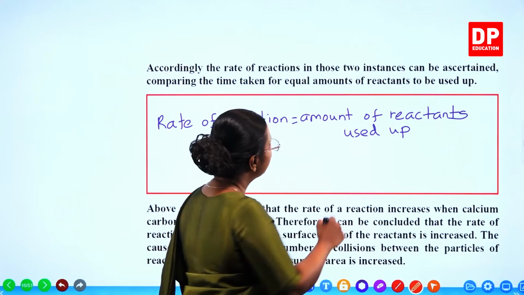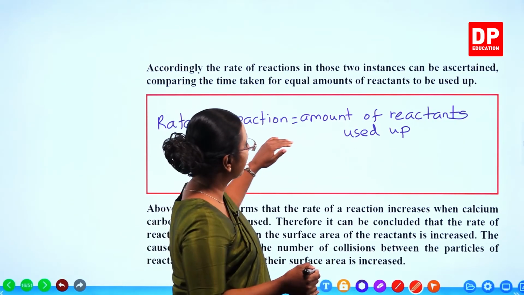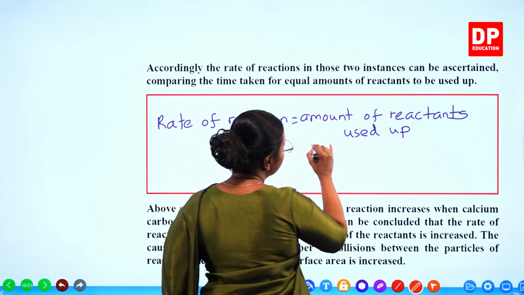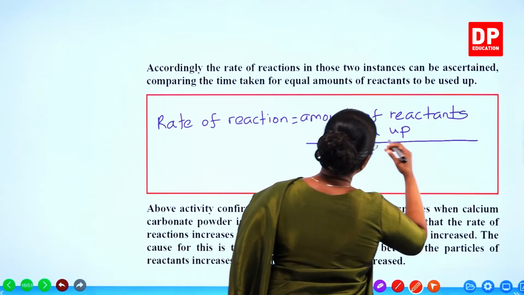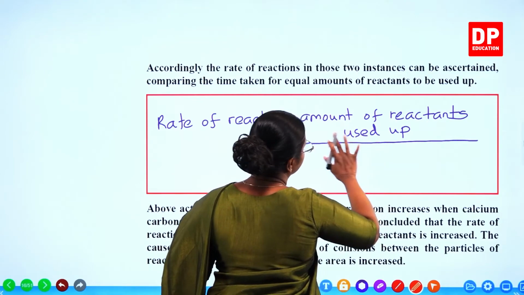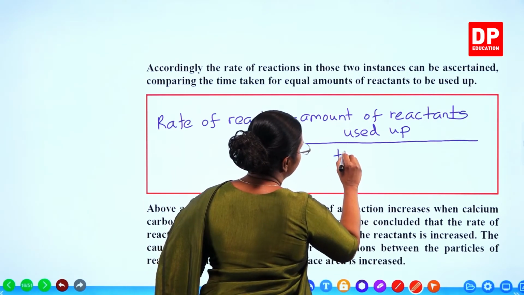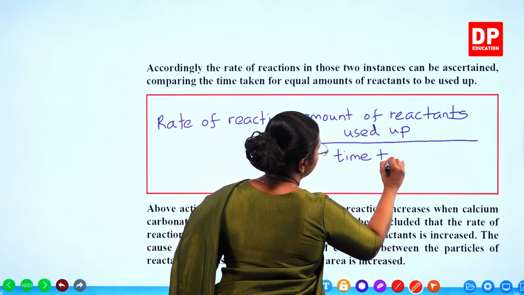Like I told you all before, students, if you have more space, you can write all this in one line. Here, because I don't have enough space, I'm writing it in the second line, but it is just one factor, amount of reactants used up, divided by time taken.